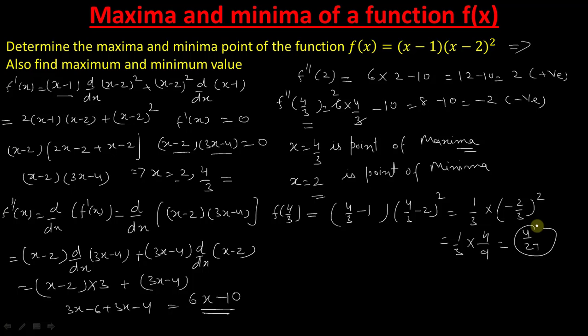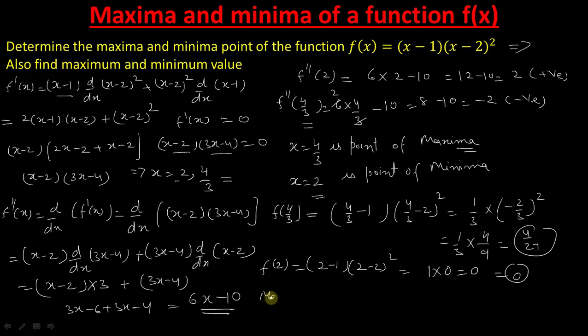Now we have to find the minimum value. Minimum value is f of 2. f of 2 is 2 minus 1 into 2 minus 2 square, so 2 minus 2 is 0, so 0 into... the first, 2 minus 1 is 1. 1 into 0 is 0, so it's 0. So this is your minimum value.